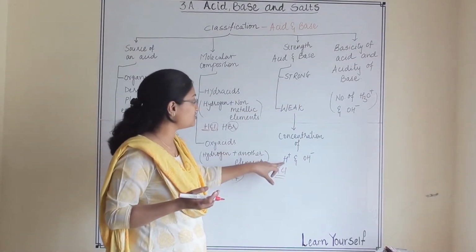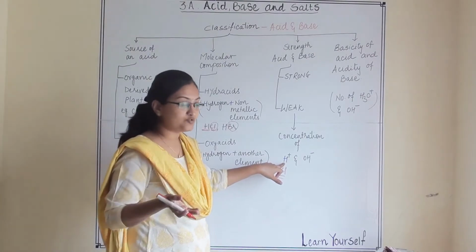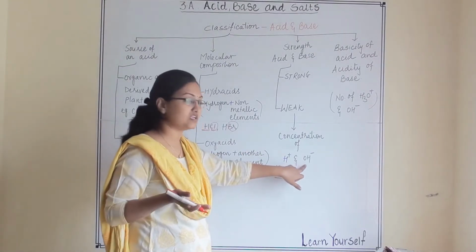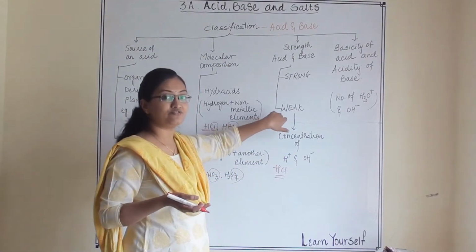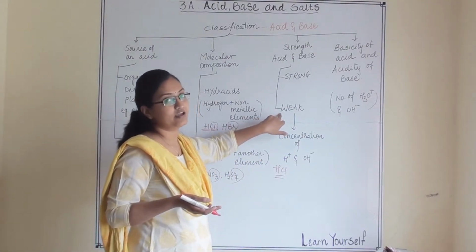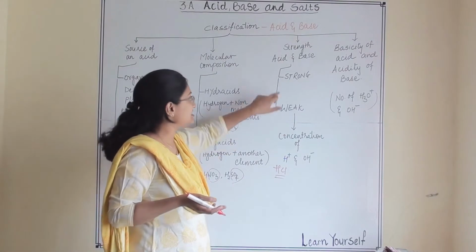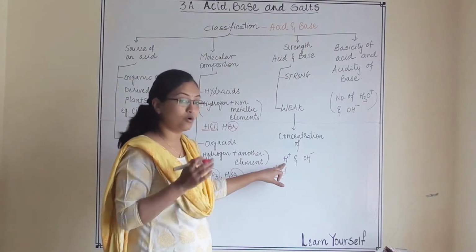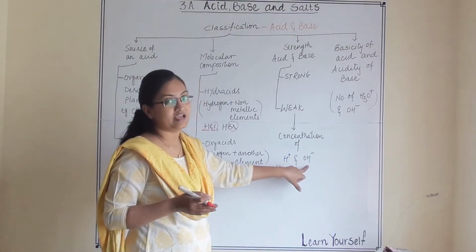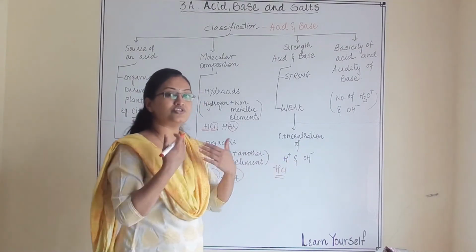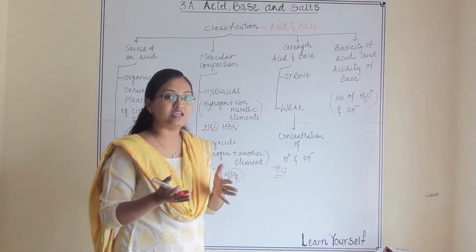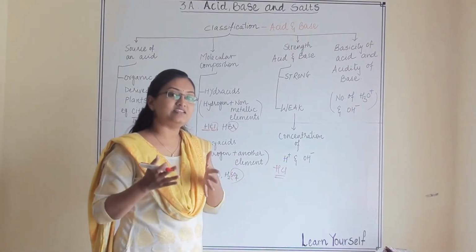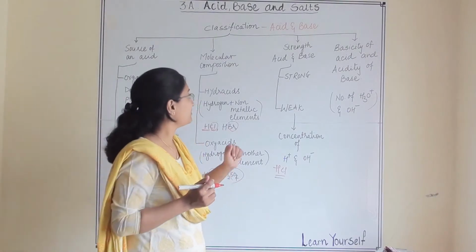If it does not generate more H plus ion or more OH minus ion, then they are referred to as a weak acid and base. So the strength of acid and base directly depends upon the concentration of H plus and OH minus. If the concentration is more, the acid and base are strong. If the concentration is less, the acid and base are weak.